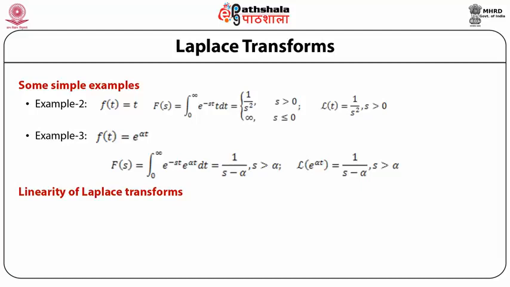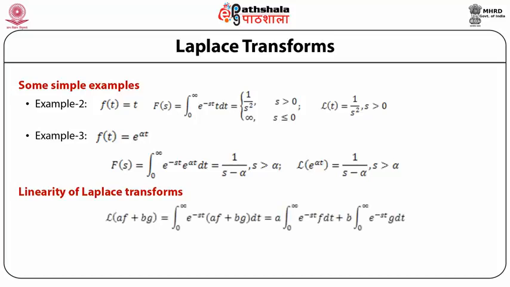Laplace transform is a linear operator. Let us prove it. Let a and b be constants and small f and g be two functions. Then Laplace of af plus bg is equal to the integral going from 0 to infinity of e raised to power minus st into (af plus bg) dt.